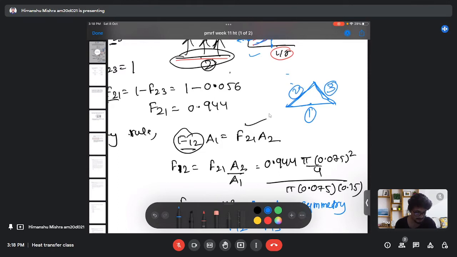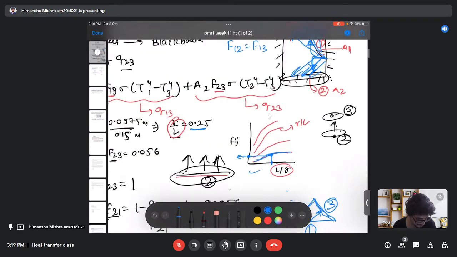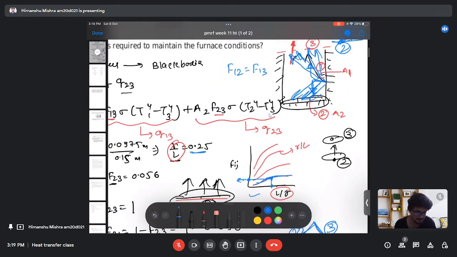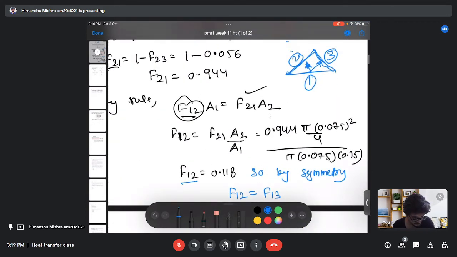The radiation emitted by 1 will reach 2, and the same radiation emitted by 1 will reach 3 also. Similarly here, the radiation emitted by 1 will reach the top surface as well as the bottom surface.